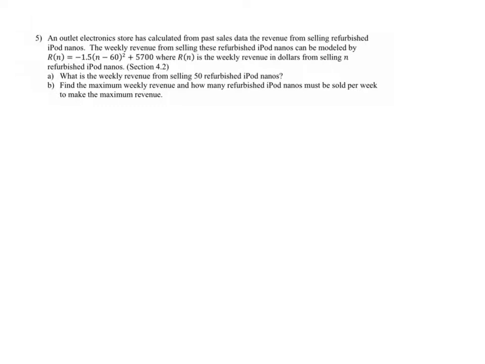The next one we're going to look at is a quadratic function. It says an outlet electronics store has calculated from past sales data the revenue from selling refurbished iPod Nanos. The weekly revenue can be modeled by R of n equals negative 1.5 times (n minus 60) squared, plus 5,700, where R of n is the weekly revenue in dollars from selling n refurbished iPod Nanos.